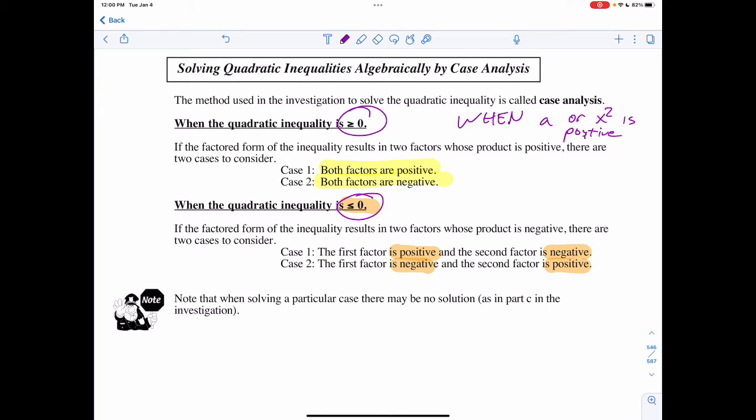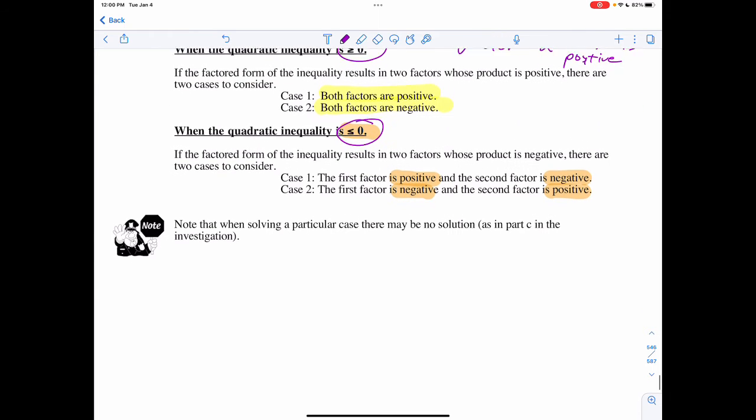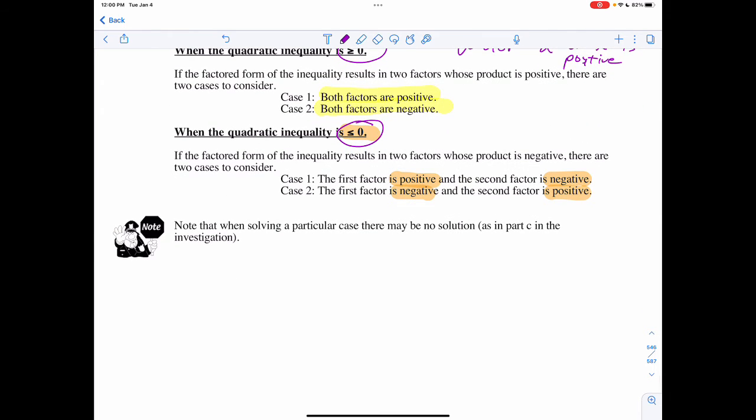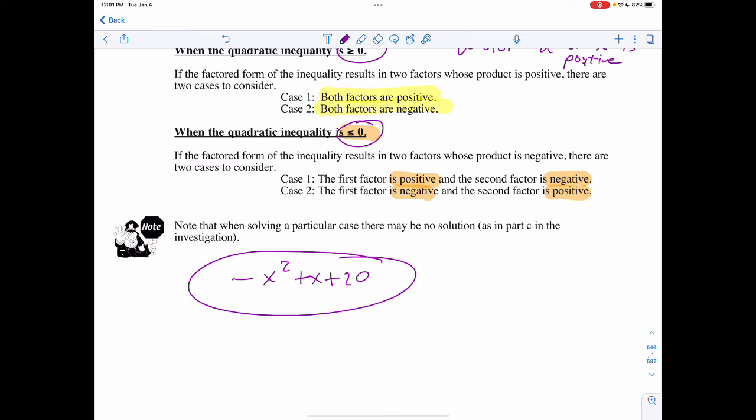Now, it is possible to do it the other way, but the problem is, especially if you get into the factoring, most of us don't like to deal with the factoring of negative x squared plus x plus 20. There's something that typically goes wrong when factoring when I have a negative x squared. So it's just going to make your life a lot easier and you're more likely to get the correct solutions. So always try and make your x squared be positive.